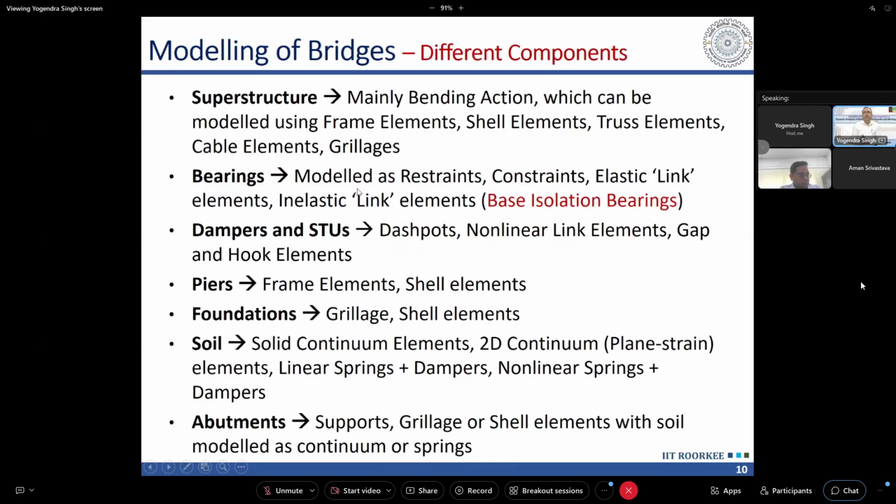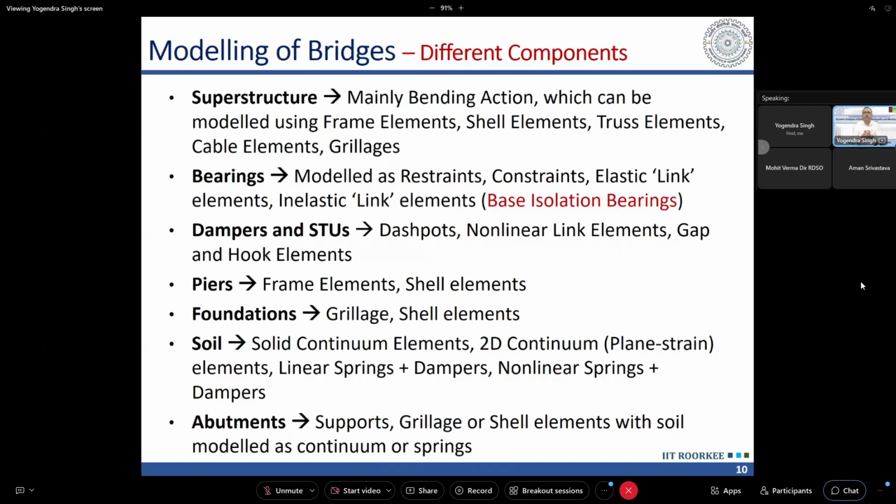So, the different components of bridges which we have to model. First of all, the superstructure. In the slides I have shown you, in most of the cases the superstructure was not affected, except that the connection of the bearing with the superstructure got damaged.